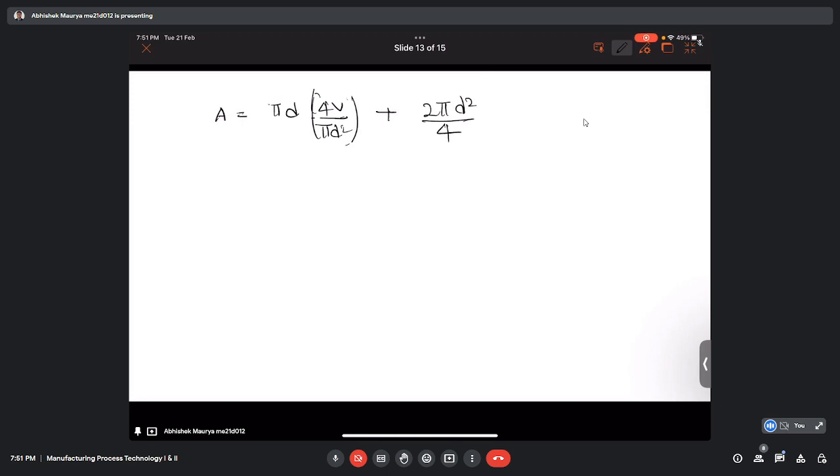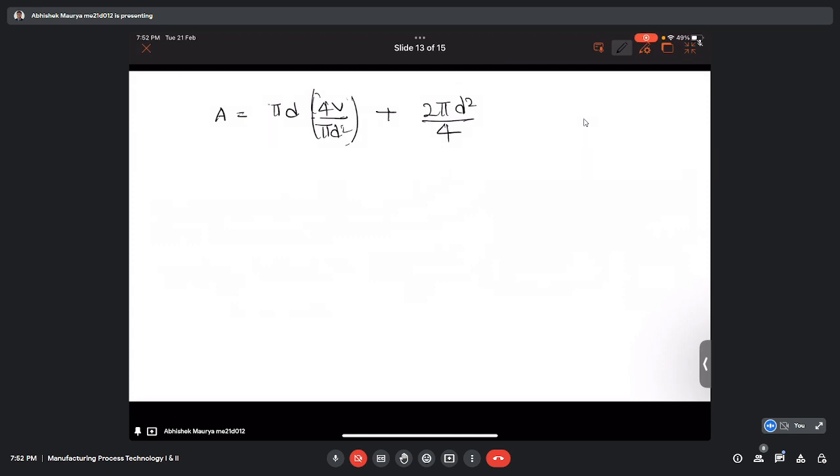But for that 520 centimeter cube, there are n number of cylindrical dimensions possible. Like we can take different D, different H. By many combinations of D and H, we can get the 520 centimeter cube. But we have to find the cylinder where the area should be minimum for the given volume.